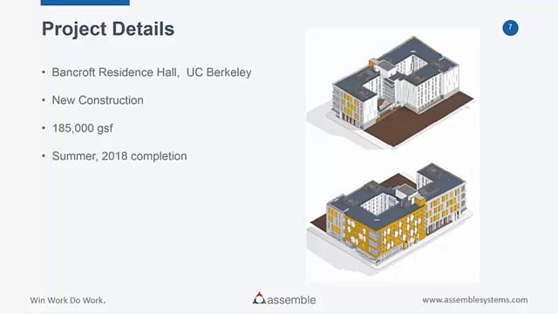The project's about 185,000 square feet. It will be completed in about 20 months. Nice project, nice case study. It allowed us to roll out some of the technology, get the design team involved, get the owner involved, our subcontractors, and really collaborate as a larger team to arrive at the right GMP for the client.